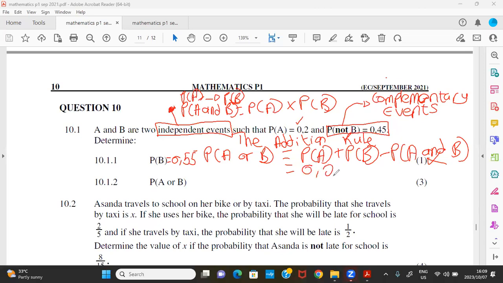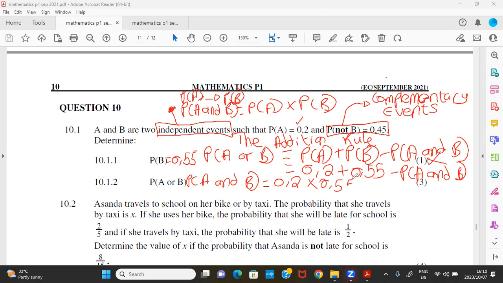So we will have 0.2 plus the probability of B, which we just found in the previous question to be 0.55, minus the probability of A and B. We don't really have the probability of A and B, but as I have mentioned, since we were given that A and B are independent events, we can find the probability of A and B by multiplying the probability of A, which is 0.2, with the probability of B, which is 0.55.